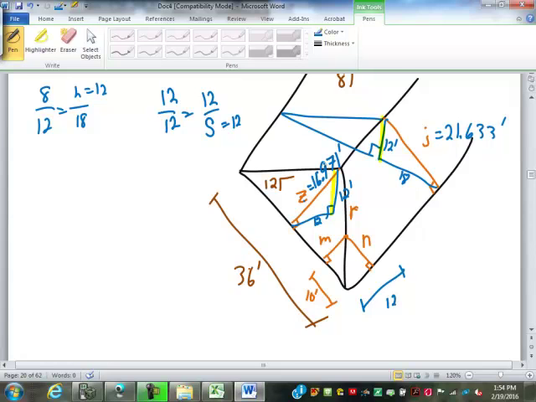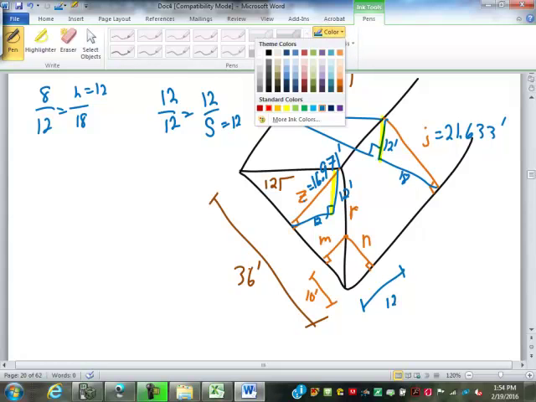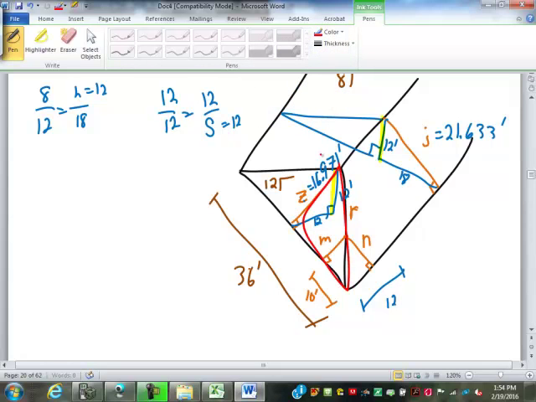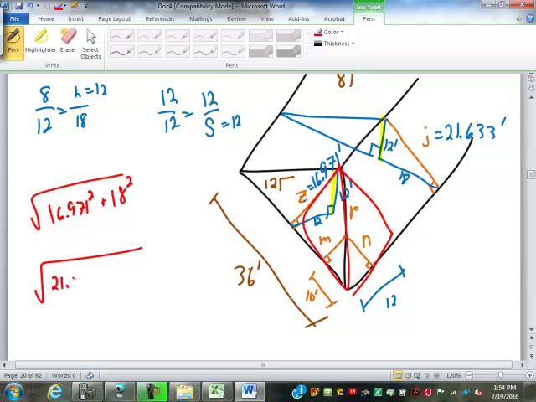Now you can find R really easily. R can be found either by doing this triangle here. It would be the square root of 16.971 squared plus 18 squared. Or you could do this triangle here, which would be the square root of 21.633 squared plus 12 squared.